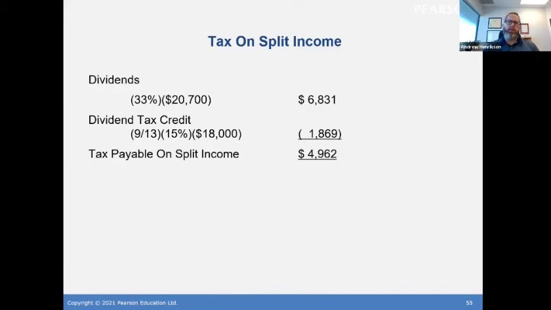Now, the source person who this is falling back to, they're going to have to pay 33% federal tax on the grossed up amount. So they're going to pay $68.31.